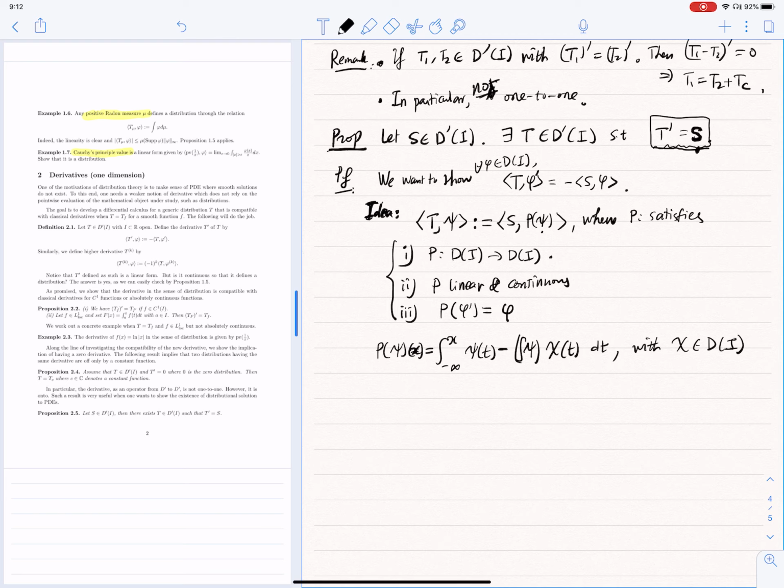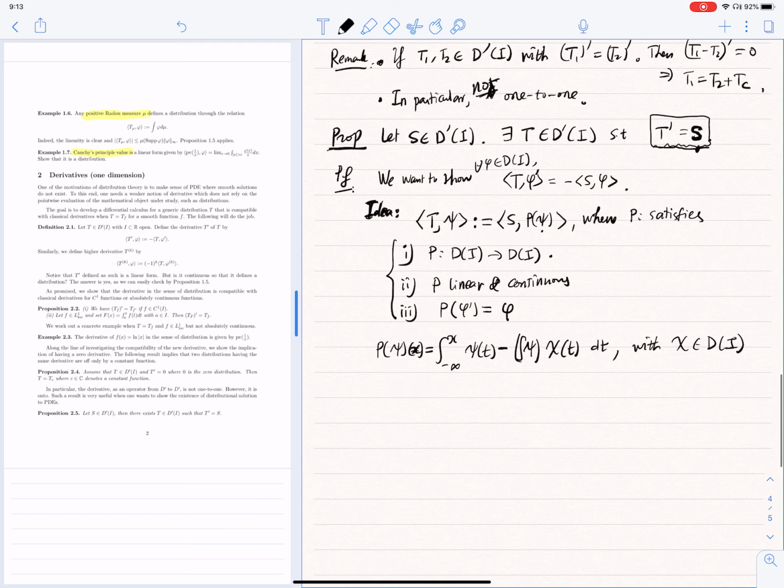Okay, so there's some additional requirement, and what we want is that when it applies to phi prime, it gives automatically the phi function. Okay, the third property is clear, right?